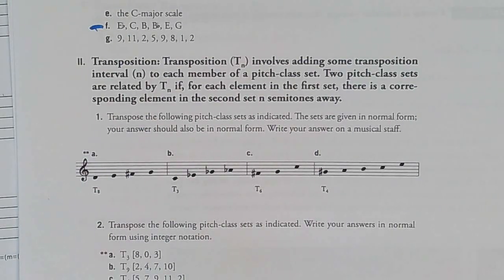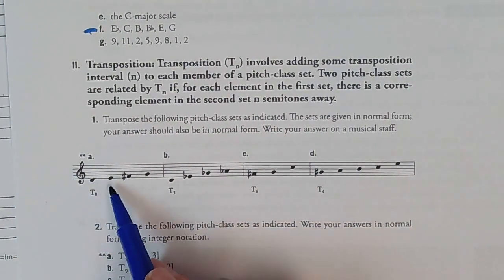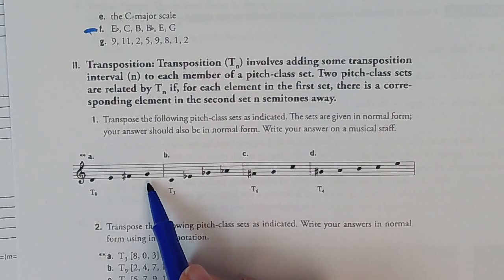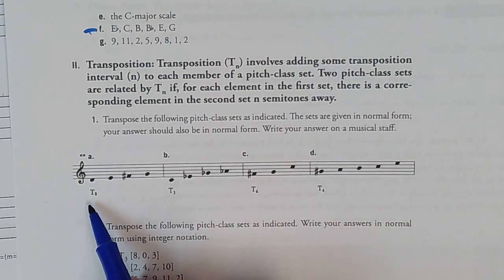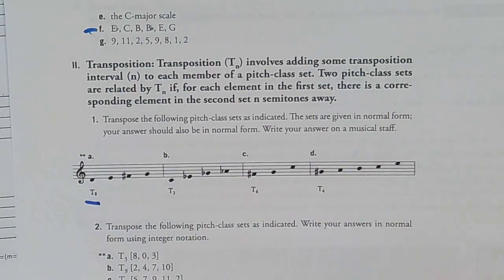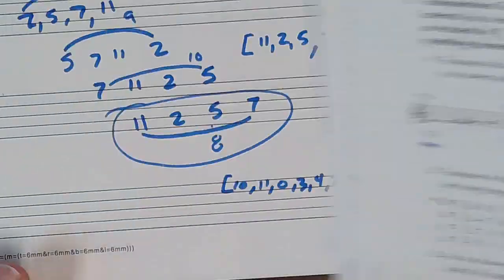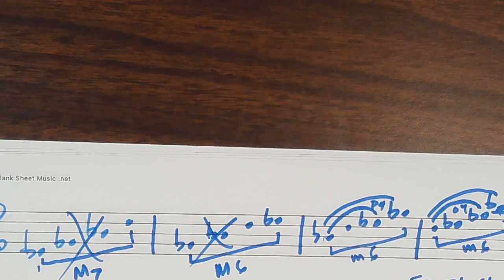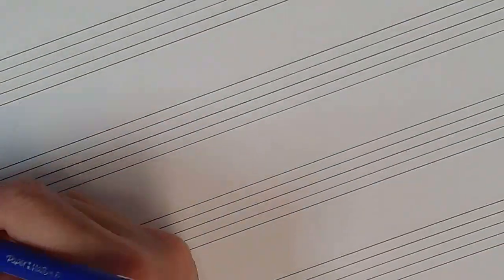Okay, so for example, let's look at this first one, D, E, F sharp, G. Okay, and it says here, what does that say? T8. All right, so we're going to take D, E, F sharp, G. Let me zoom back out.